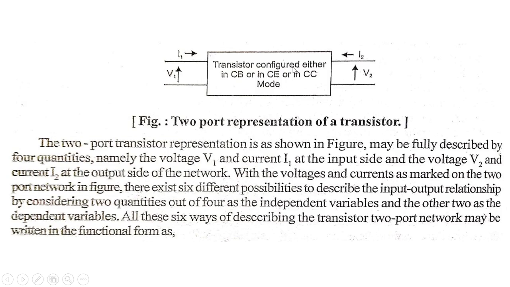Now see in the figure, the two-port transistor representation is fully described by 4 quantities, namely the voltage V1 and current I1 at the input side, and the voltage V2 and current I2 at the output side of the network.